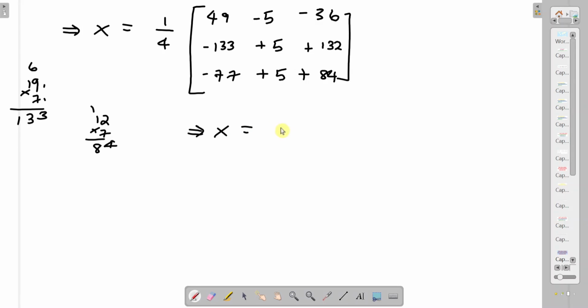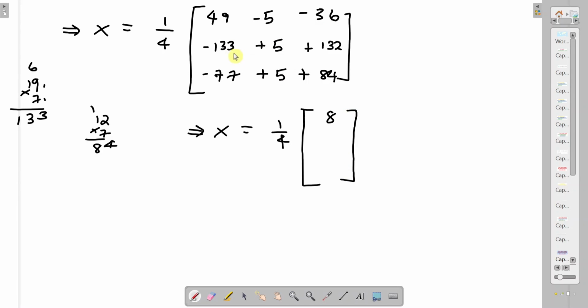So X is equal to 1 by 4 times, so 49 minus 5, minus 36: 49 minus 5 is 44, 44 minus 36 is 8.